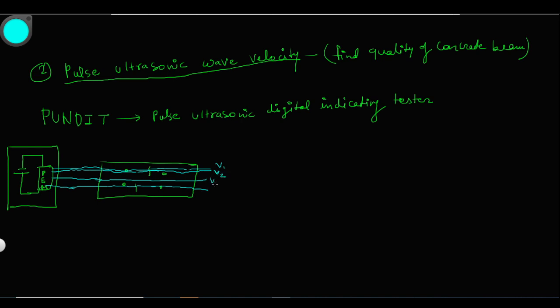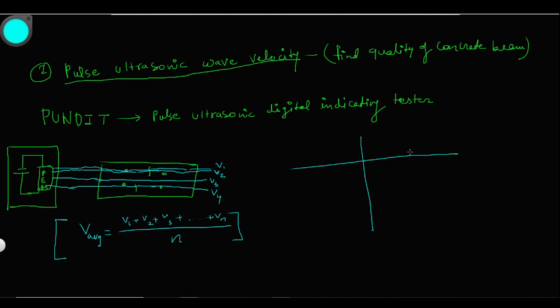Suppose v1, v2, v3, v4. Due to these defects the velocity gets changed at different levels. So we take out these different velocities and take the average velocity of it: v1 plus v2 plus v3 plus dot dot dot vn, divided by n, the number of velocities.